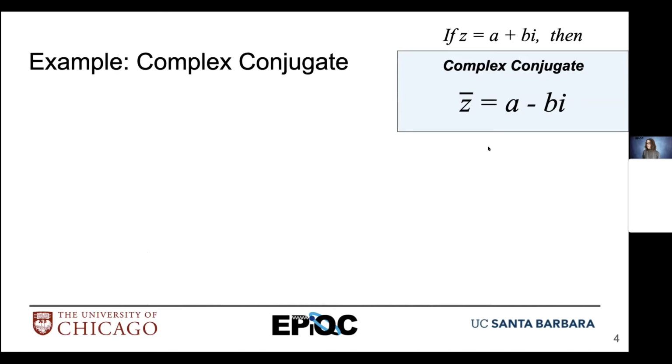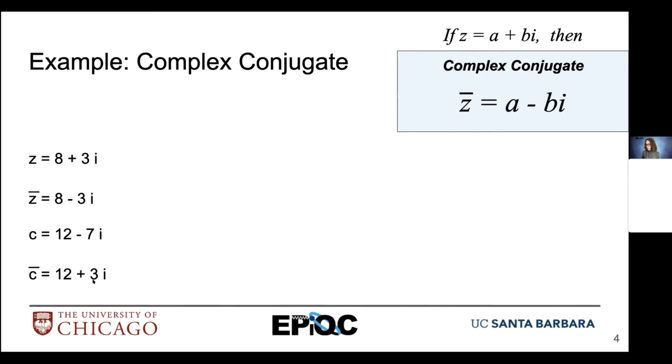So let's do a couple of examples of what complex conjugate looks like with specific complex numbers. So we have z is equal to 8 plus 3i. Our complex conjugate of that, we would simply just take the imaginary value and make it negative. So if we have c is equal to 12 minus 7i, the complex conjugate of c would be equal to 12.